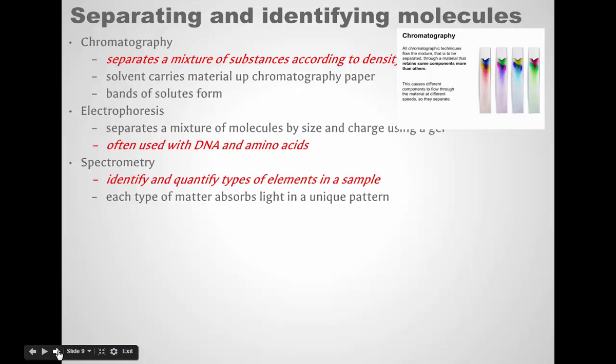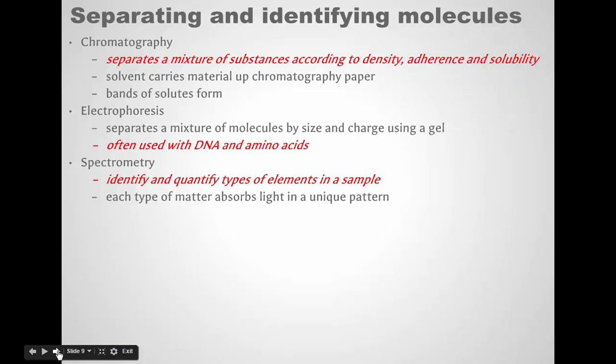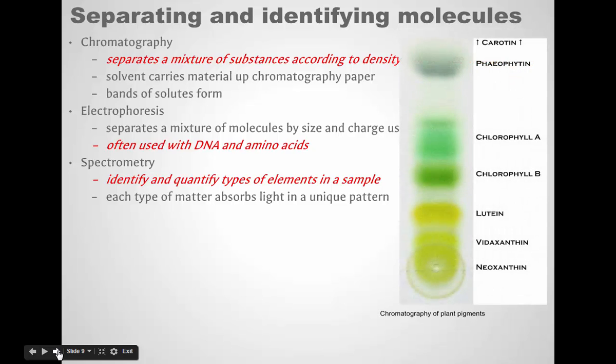So this is chromatography, where you put a solution on the bottom of these strips of paper. It rises up, and as it does, the bands of pigments separate out from each other. We'll do some chromatography later on in the year. Here is chromatography of leaf extract from a plant. What happens is the various types of pigments separate.